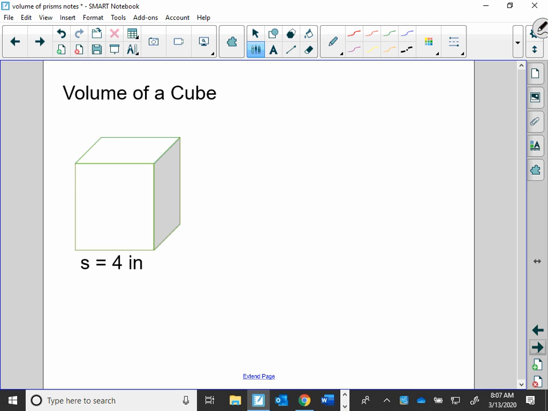First of all, we do have the same steps that we're going to follow that we have done for all of the last few weeks. Our first step is to write out the formula. Remember, this is to make sure that you have the correct formula down. That way you can get the correct answer.